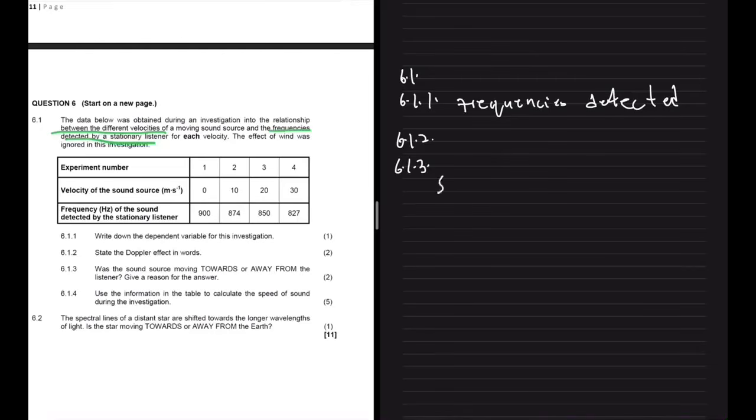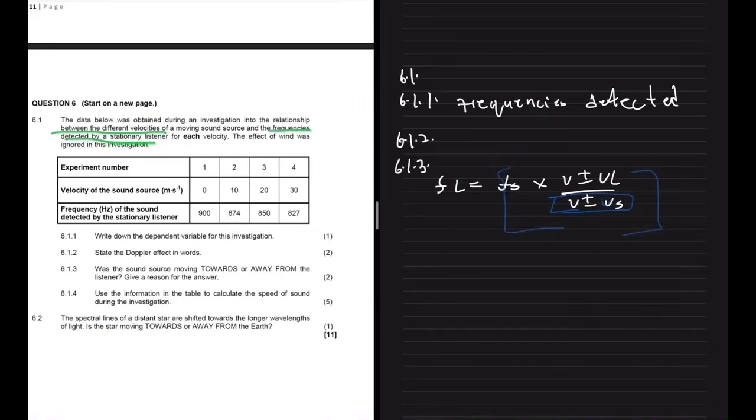Okay, let's stick to the equation, right? fL equals fs multiplied by (v plus or minus vL) divided by (v plus or minus vs). If you look at the denominator here, we have plus or minus vs. If the sound source is moving away, we have a plus on the denominator, so this whole number will go down and the frequency observed will go down.